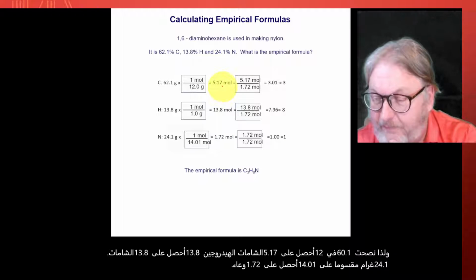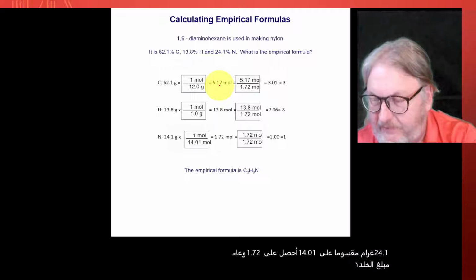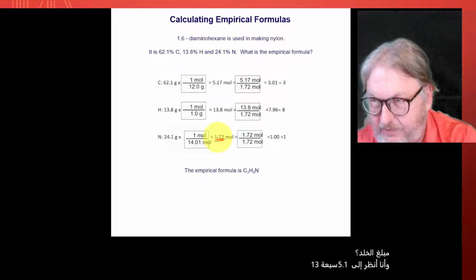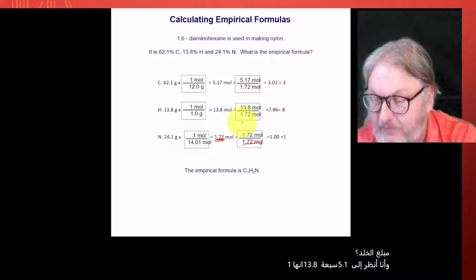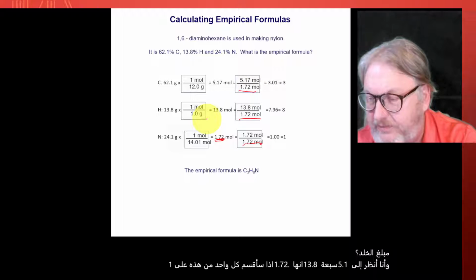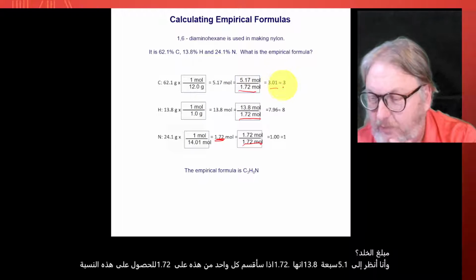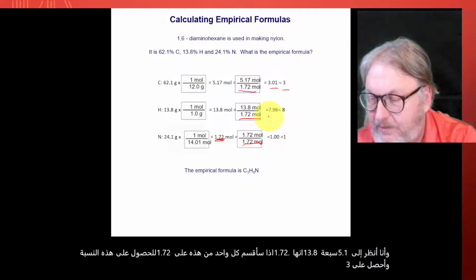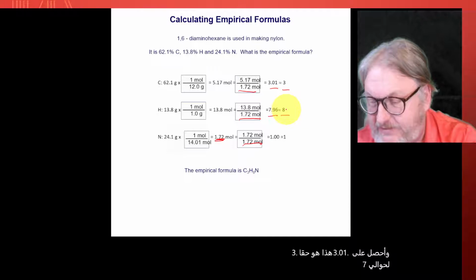Then I'm going to find my lowest mole amount. And I'm looking at 5.17, 13.8, 1.72. So then I'm going to divide every one of those by 1.72 to get that ratio. And I get 3.01. That's really 3 if I round. 7.96, I'm going to round to a whole number. That's 8.